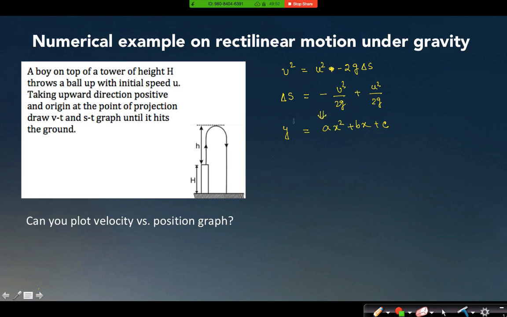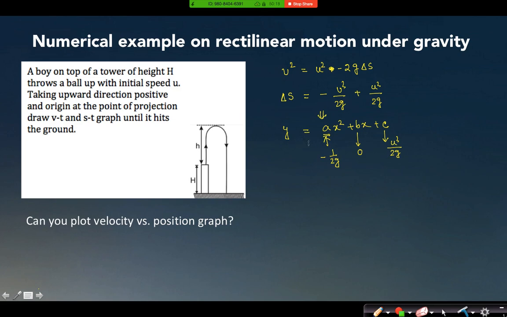Can you relate these two equations? Yes. Here a is equal to minus 1 by 2g. What is the value of b? 0. And the value of c is u square divided by 2g. Right. So these are the values.